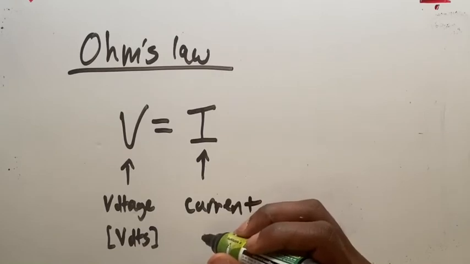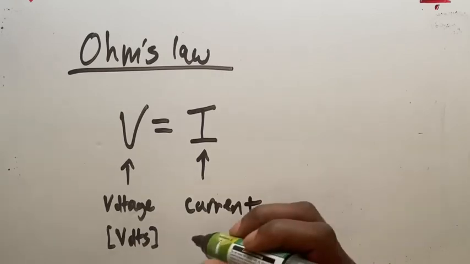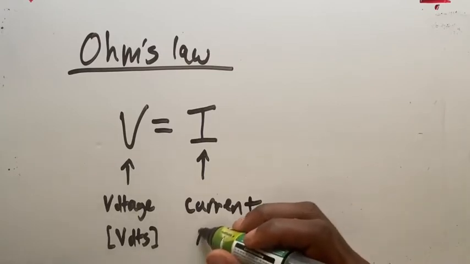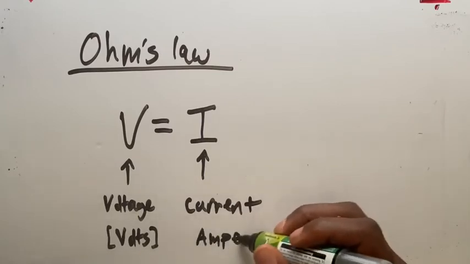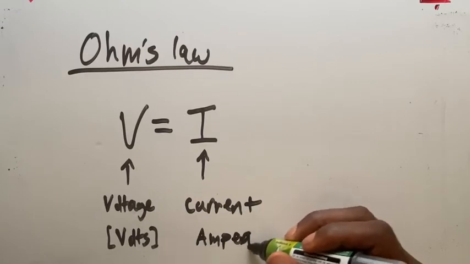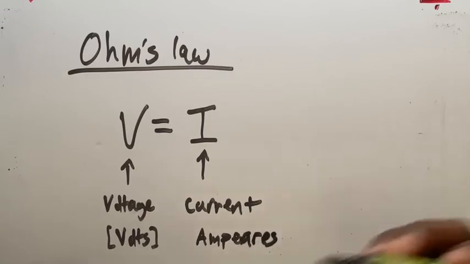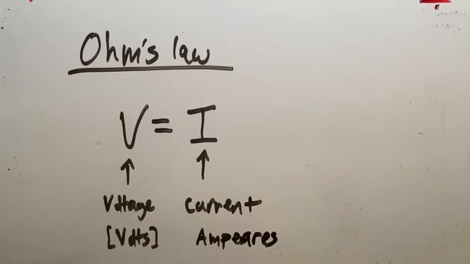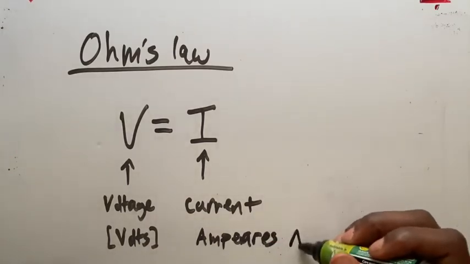And the current is measured in amperes. How do you spell that? I think it's amperes, something like that. We usually use A to shorthand it.